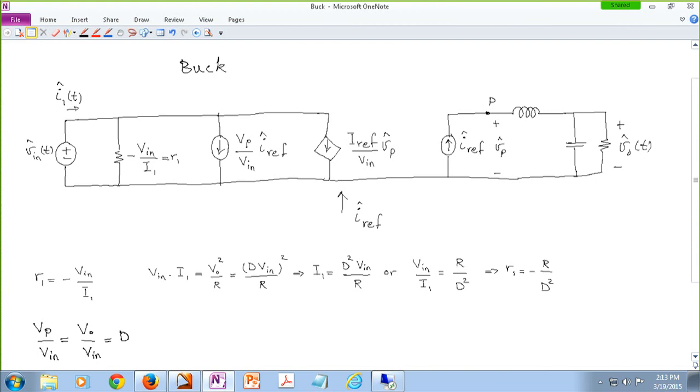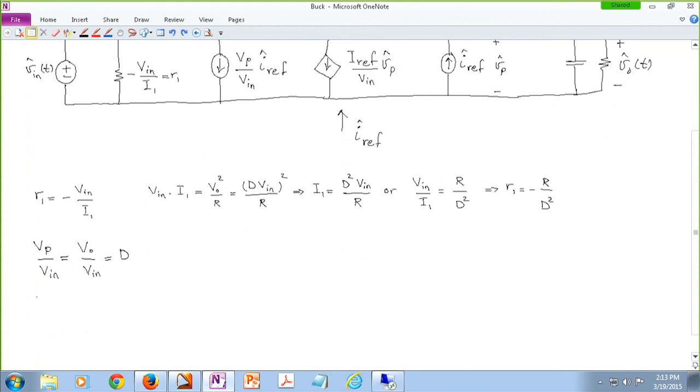All right. The other term that we have is Iref, which is the DC value of the reference for the pole current divided by Vn. So let's take a look at this. Remember again, this is the buck converter, and the reference for the pole current is the same as the reference for the inductor current, and the DC value of the inductor current and the DC value of the load current are the same.